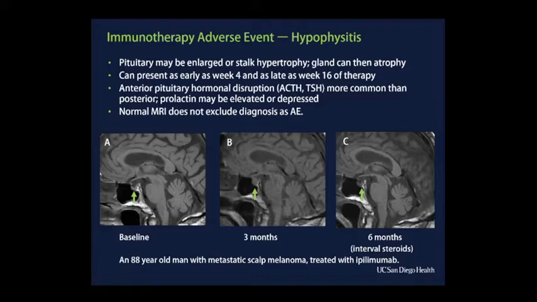And I thought that the last bullet point here is important as well, is if you do have someone referred for possible hypophysitis in immunotherapy, a normal MRI of the sella does not exclude the diagnosis. So again, our threshold is noticing that this middle image had an abnormal pituitary gland for an 88-year-old man, as well as a change from his baseline, and having the question to say, is he on immunotherapy or should I be looking for something else, and calling it to their attention.